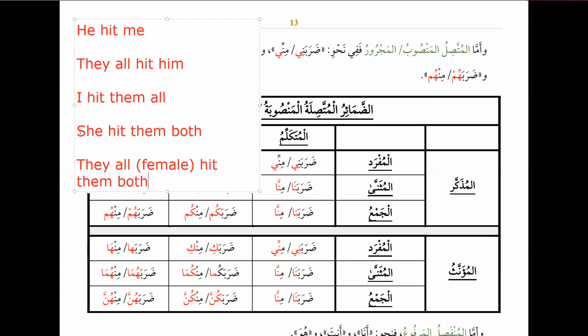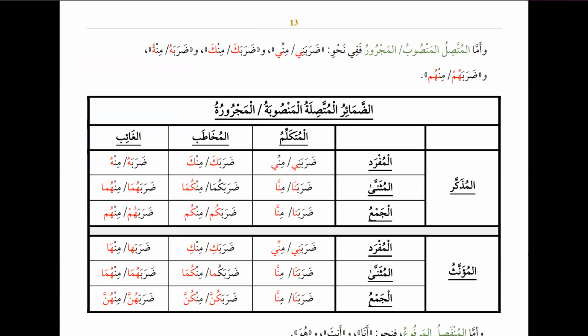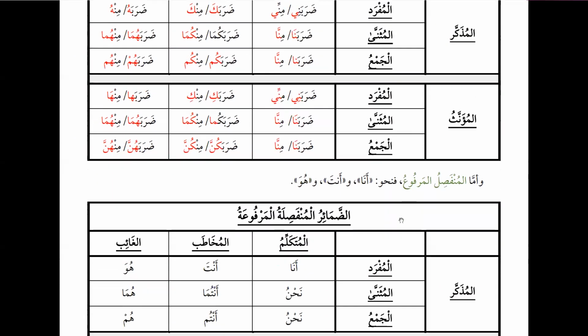So this will be the most effective way, and I really hope that I'm able to give you such sentences which you will be asked to translate with these variable pronouns and the genders and the number of people who the fi'l is being attributed to. So inshallah, after you finish filling these both tables like 5 times, 10 times each, after this, inshallah, the most effective way is to use these sentences and translate them. This is how you will, inshallah, get hold of these dhama'ir.